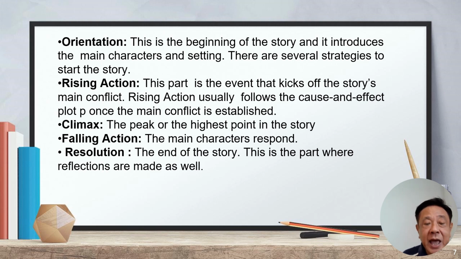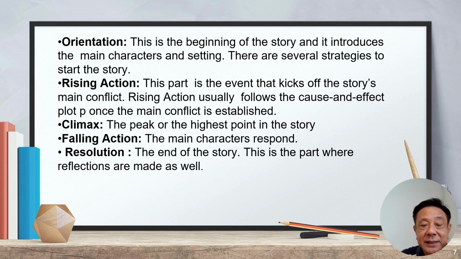And for rising action, that's the part that kicks off the story's main conflict. Now, in a very good or engaging story, there's always a problem or a conflict facing the main character. So the rising action is the one that actually kickstarts the story's main conflict or complication or also the problem.